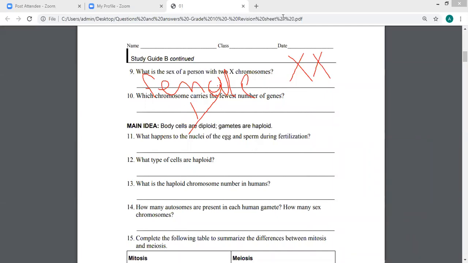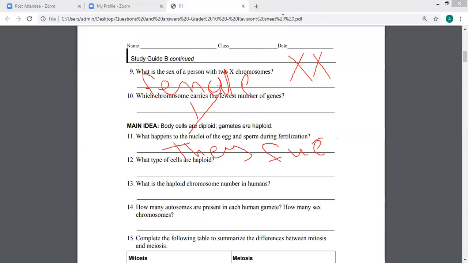Sir, fertilization is the fusion of gametes. The fusion between gametes. So what happened to the nuclei? They fuse. Excellent. I think 100% you have the sheet. They fuse together.